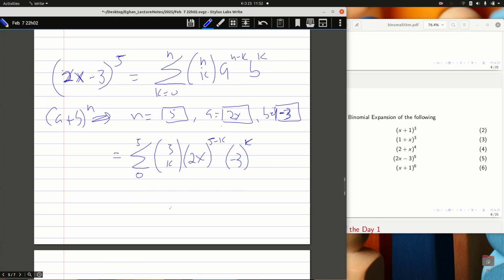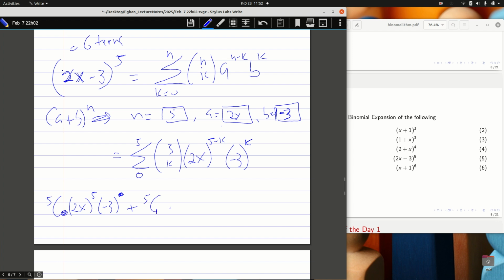To be smart enough, I know I'm going to have 5 combination 0, 2x start from 5, negative 3 will take 0, because the index must add up to 5. But you know how many terms do I expect here? I expect 6 terms.